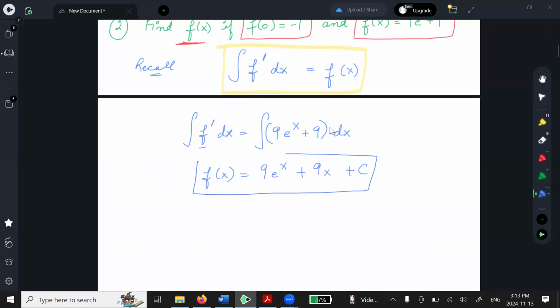Can you solve for the c now? Use the given information. You're given f of 0 equals -1. So this means if I put x to be 0, my y value will be -1. Okay, who's going to tell me what is c?